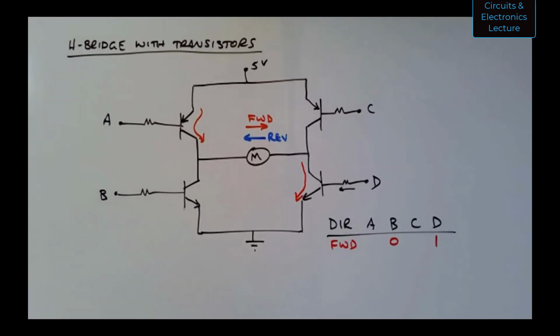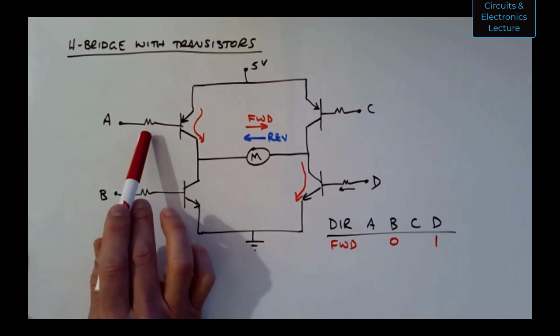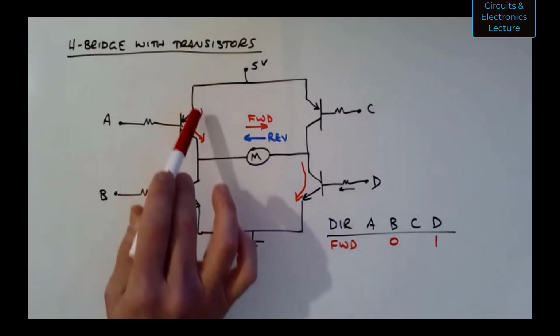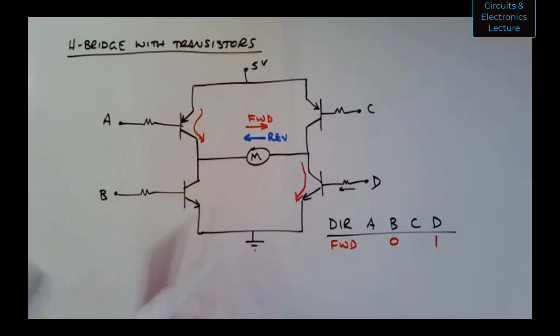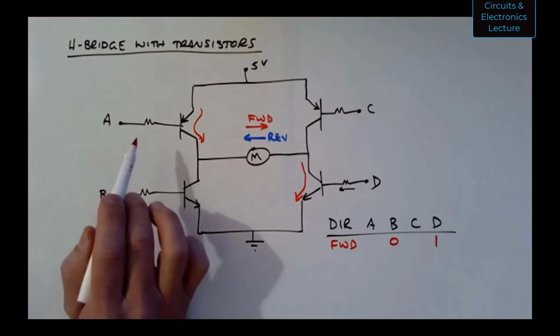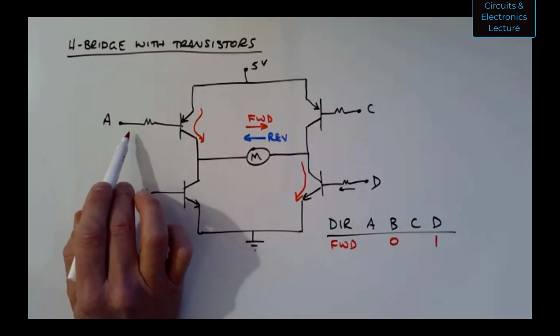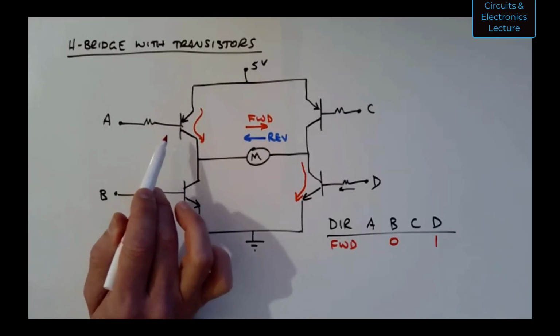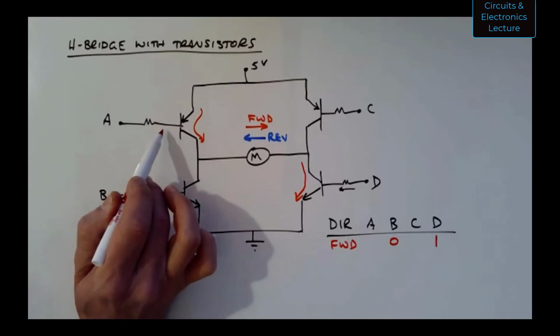Now let's go up to transistor A. I want that transistor to be saturated. I want that to be a closed switch that allows the current to flow. So I need base current to flow in order to saturate that transistor.